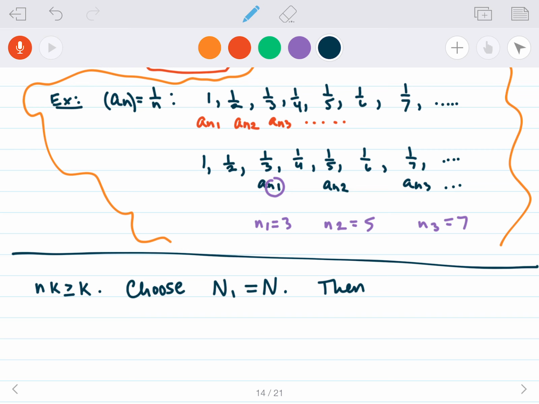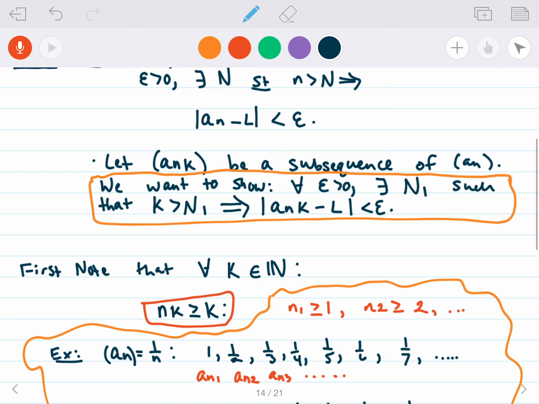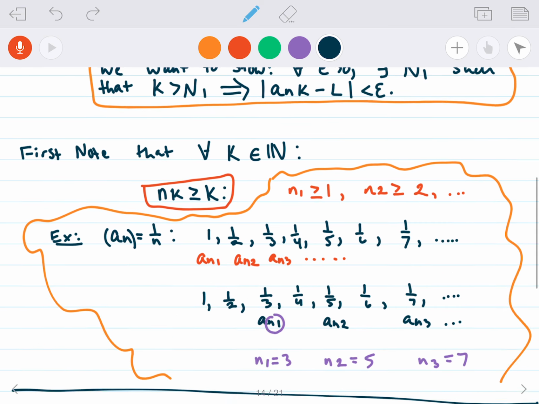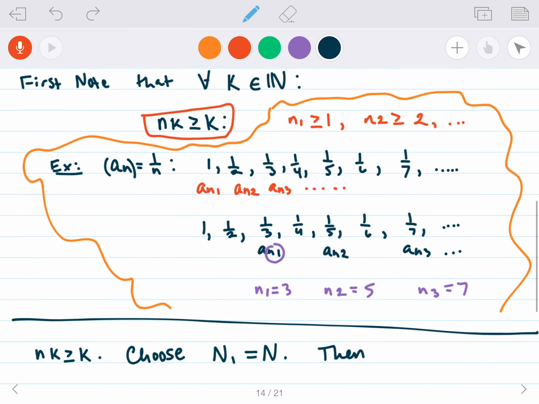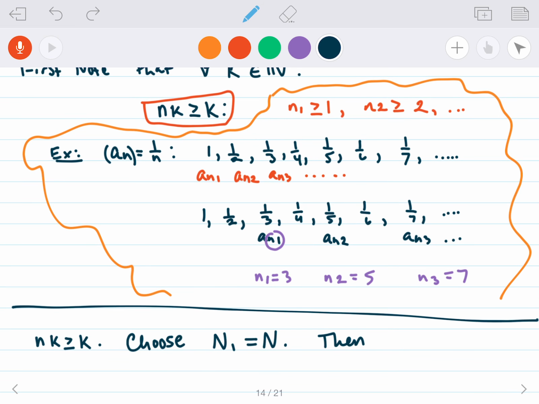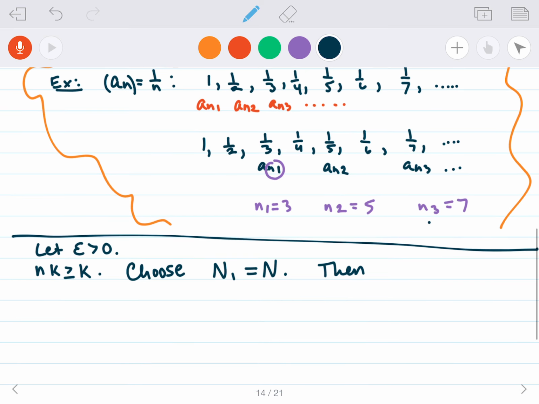Remember our hypothesis, what we're trying to show: that this guy, little k bigger than N1, implies this guy. So let epsilon be bigger than 0. And what do these two things imply?